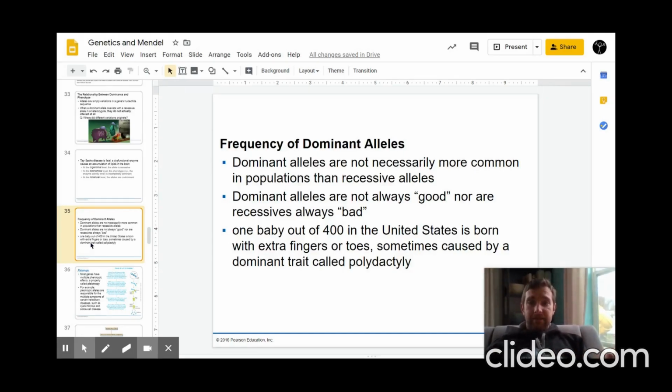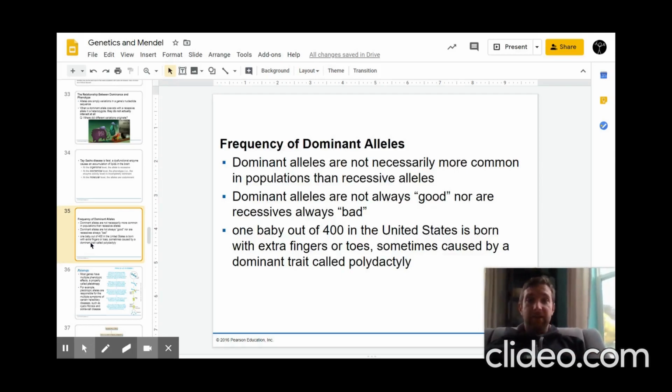For instance, one of my friends has polydactyly. She was born with 6 fingers, 6 toes on each one of her limbs, and one of her sons also picked up the trait. It's a dominant trait. She has one copy, and one of her sons has that one copy. They had to snip all the little nubbins off. It's not going to take over the population.